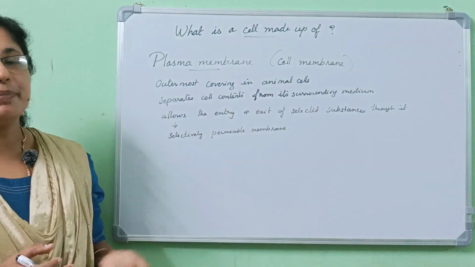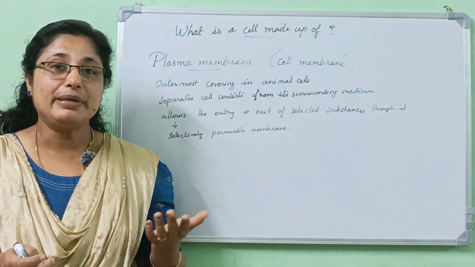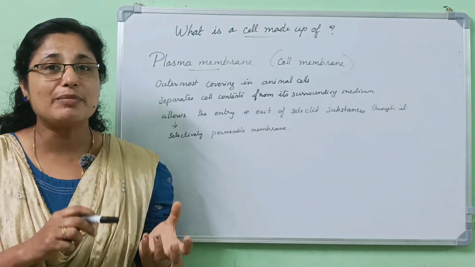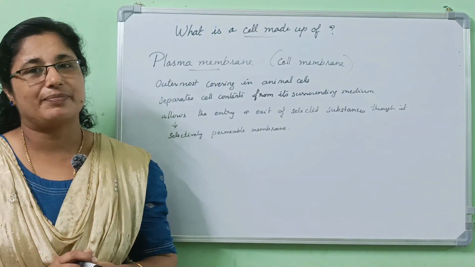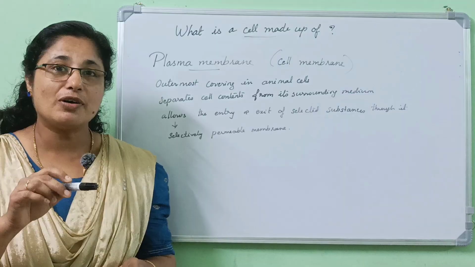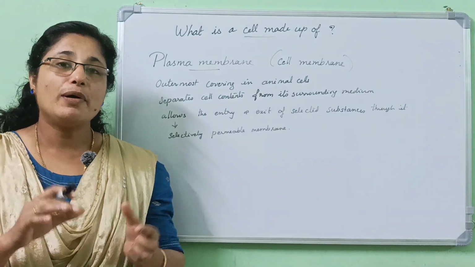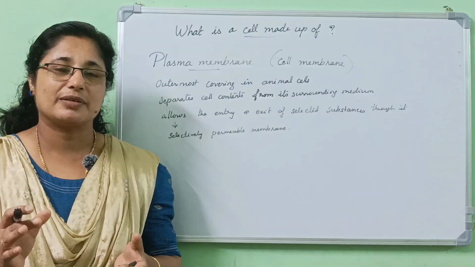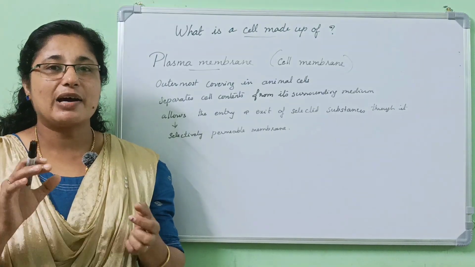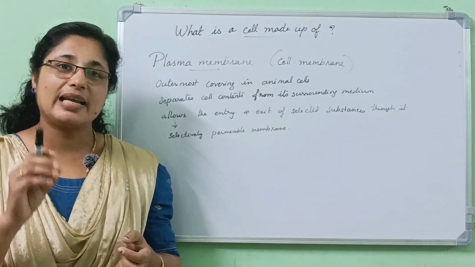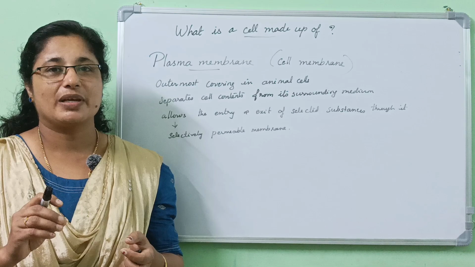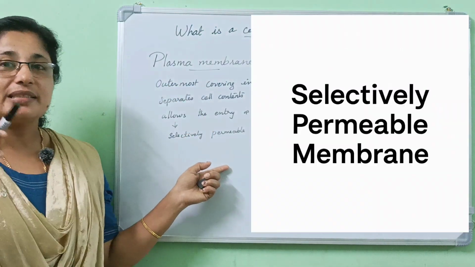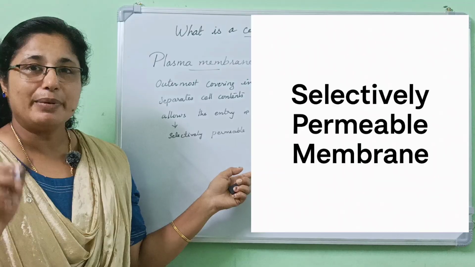The plasma membrane permits the entry or exit of some substances through it, while it prevents the movement of certain other substances. That is, it allows only the movement of certain selected substances. So we can say that the plasma membrane is a selectively permeable membrane.